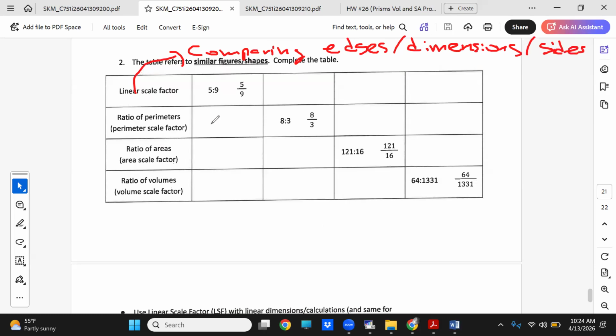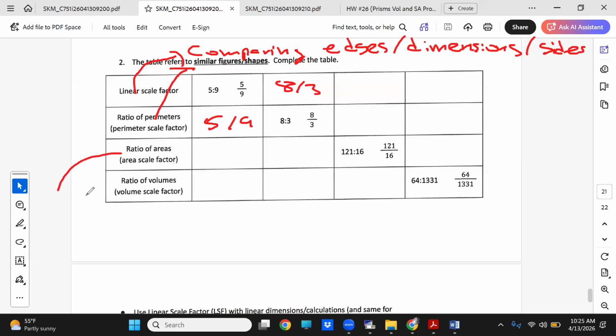So the perimeter is going to be the same thing, right? 5/9, 8/3. I'll worry about the other columns later. So perimeter follows the same thing.